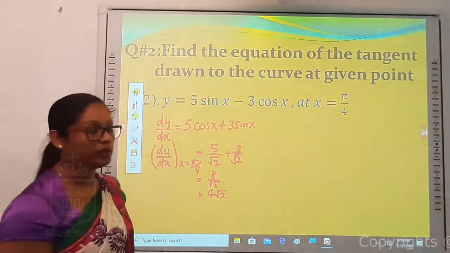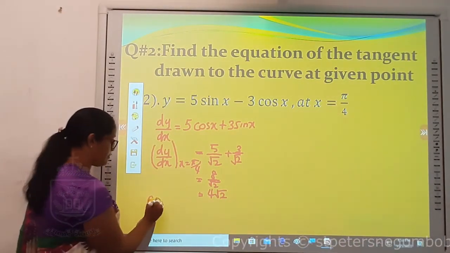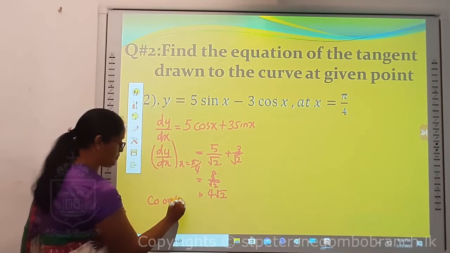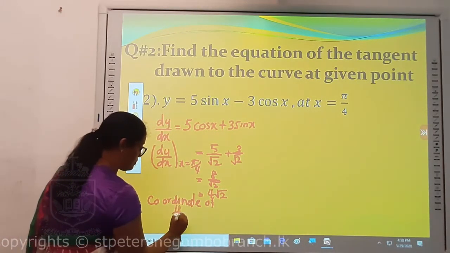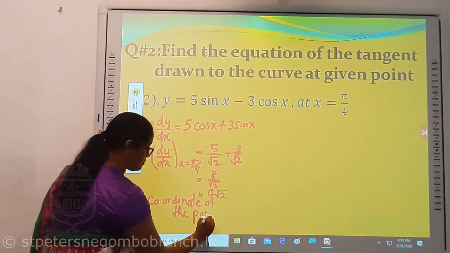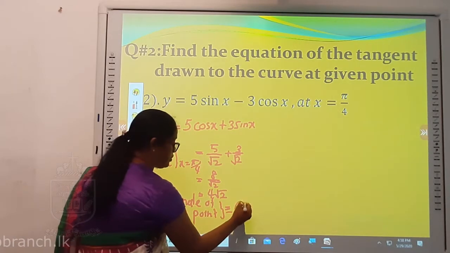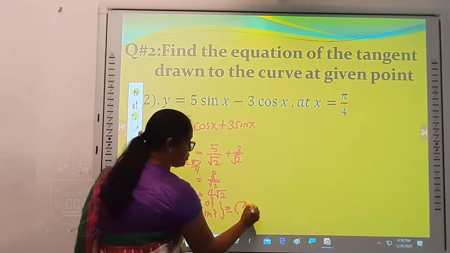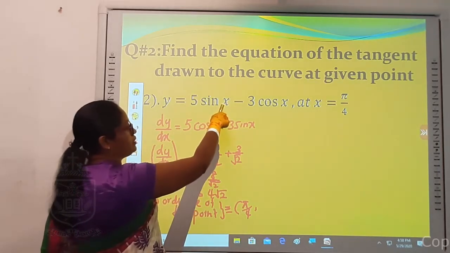Now we want to find the respective point, the coordinates of the point. We have x, we want to find y. The x coordinate is given as 5 by 4, and for the y coordinate we replace x with 5 by 4.